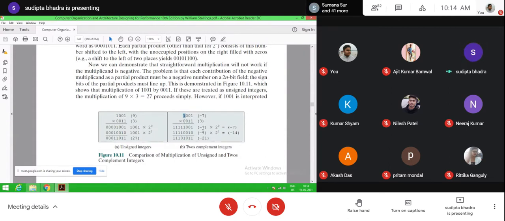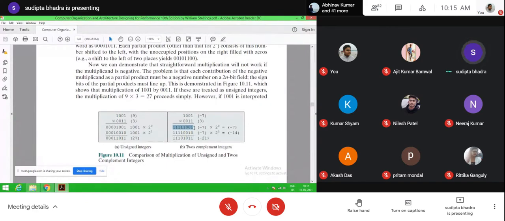So ultimately, in the shifted form, we are making one change here to get the result. At 2 to the power 0 and 1, we get this number, which is equivalent to minus 7.